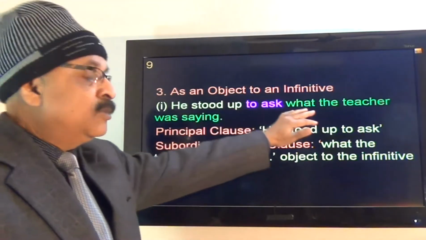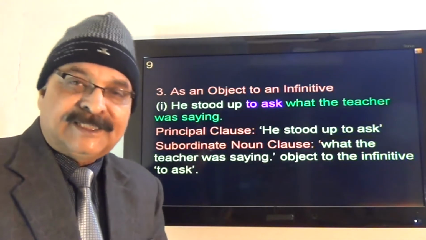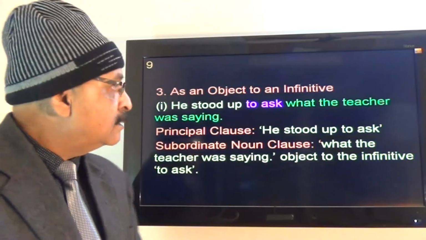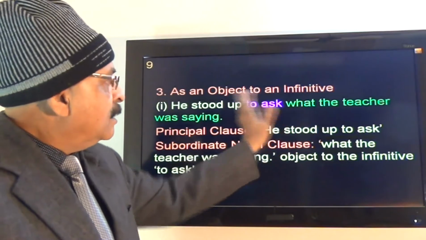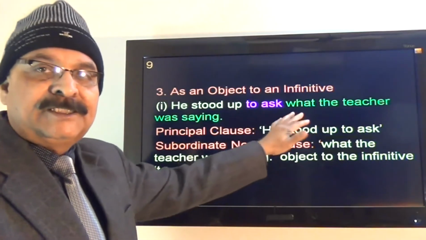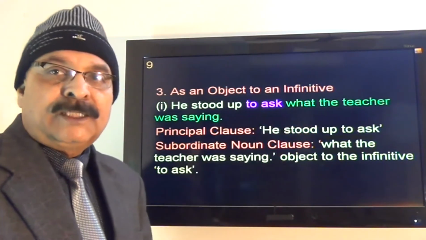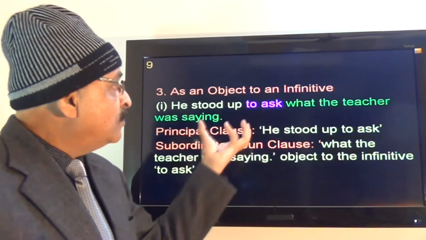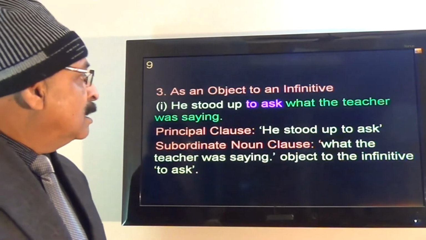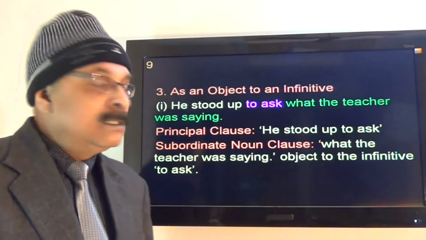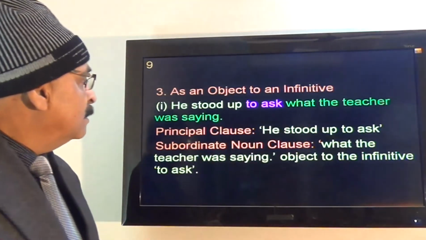He stood up to ask something. The sentence becomes grammatically correct. So this is the noun clause here, and since it comes after the infinitive, it is the object of to ask and gives the meaning to ask what the teacher was saying. He stood up to ask what the teacher was saying.